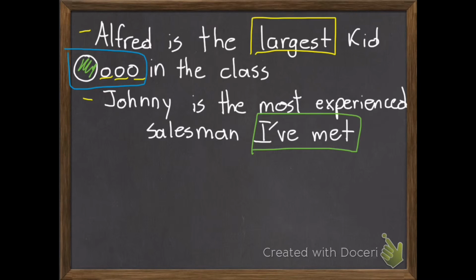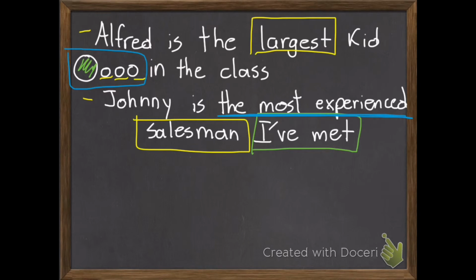I've met. This is present perfect, meaning that of all the salesmen we have met or we know, Johnny is the most experienced. No one is as experienced as Johnny. Okay, so that's it for comparative and superlative adjectives.